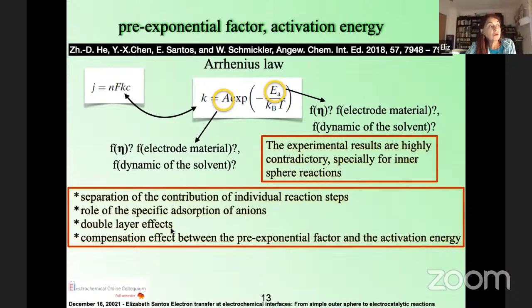There could also be double layer effects, or sometimes we measure a rate constant, but how can we separate the pre-exponential factor and the activation energy? And sometimes there is a compensation effect between both of them.